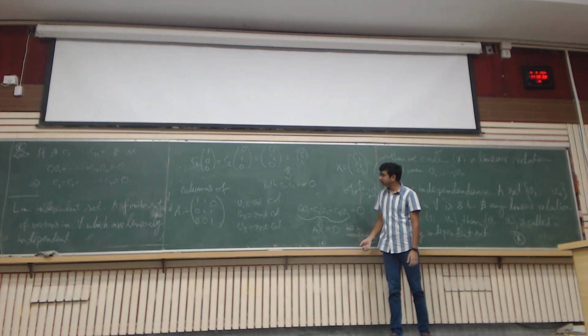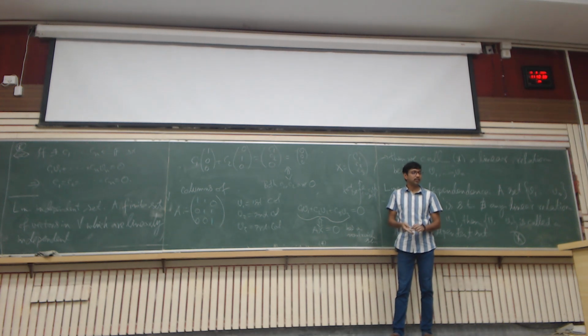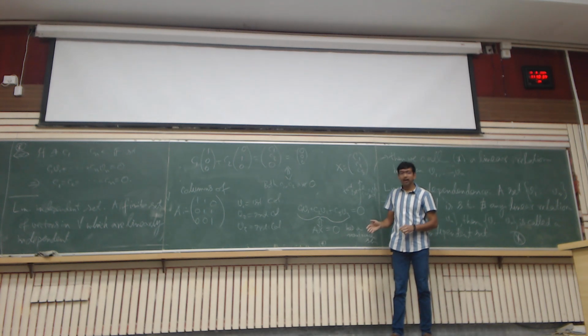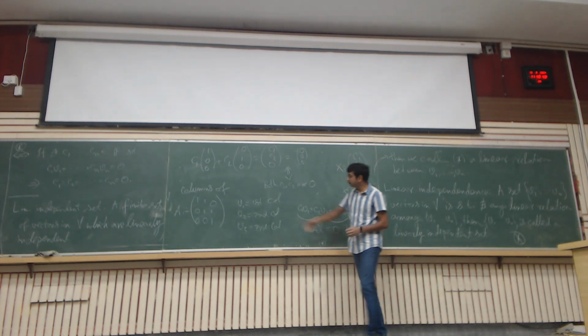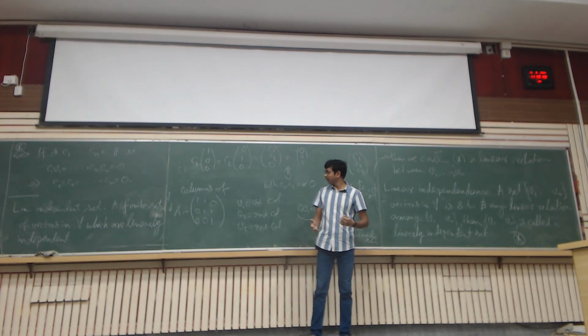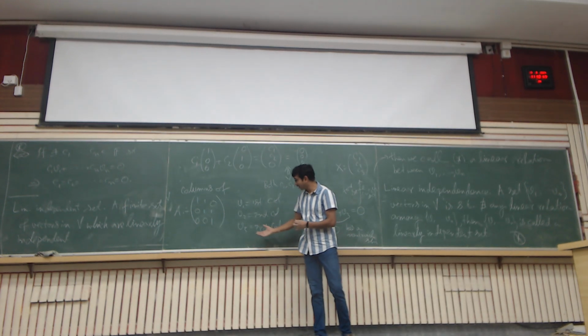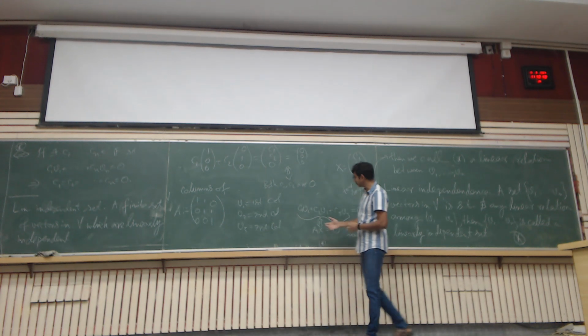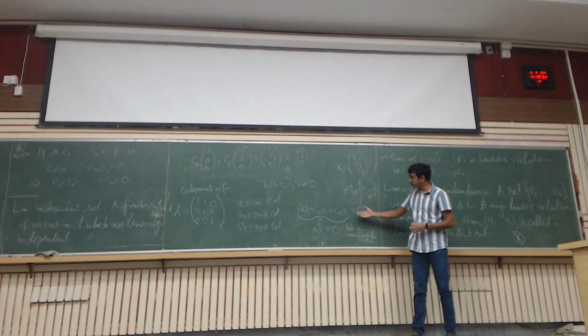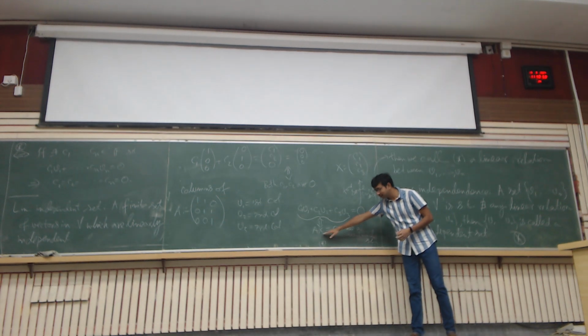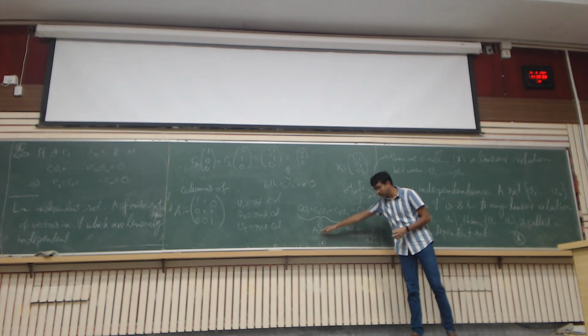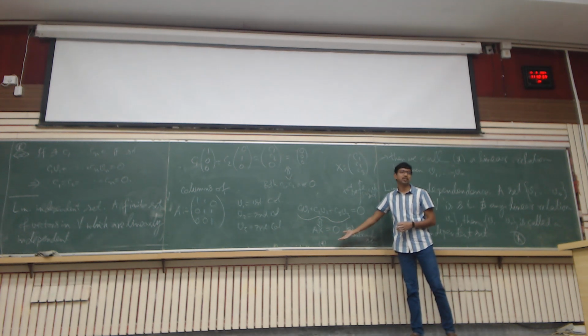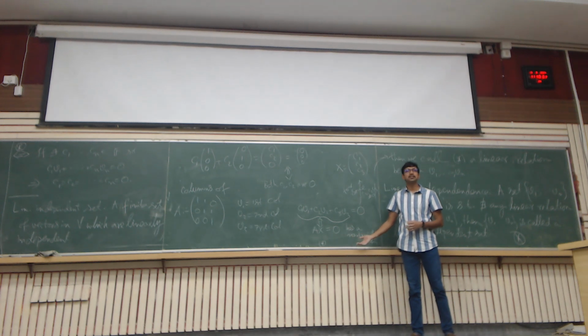In other words, if you take an invertible matrix, its columns give you a set which is linearly independent. So V1, V2, V3 here make a linearly independent set, because if there existed such a linear combination equal to 0, there would be a non-trivial solution to this, which doesn't exist. Is this point clear to all of you? Otherwise, please ask.